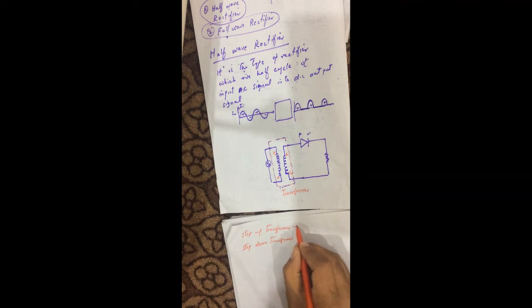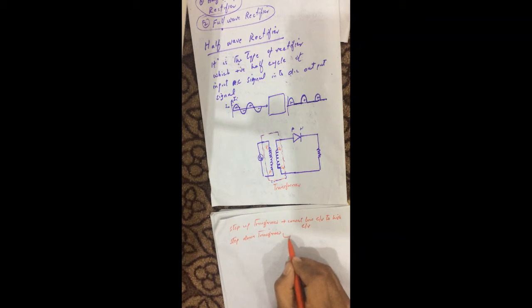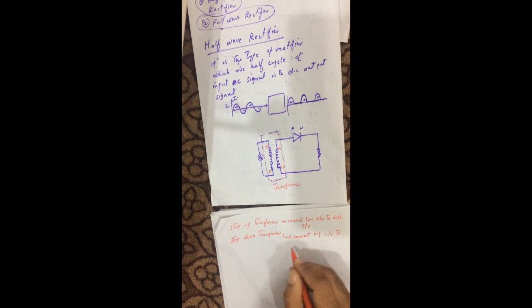This transformer converts low current or voltage to high current or voltage. This is step up transformer, and this transformer converts high current or voltage to low current or voltage.